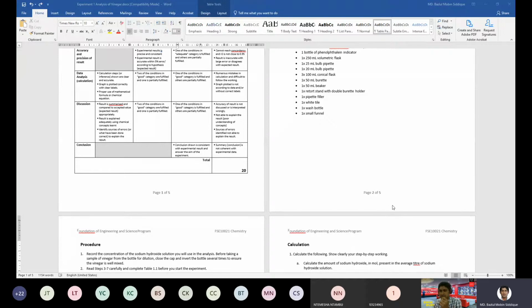You discuss how to do it and help each other, but write in your own language, your own words. For this vinegar experiment, please submit individually. Probably for the second and third, I will make it per group, so your workload will be reduced and it will be easier for you. I just want to know that you know how to do it or that you try to do it.